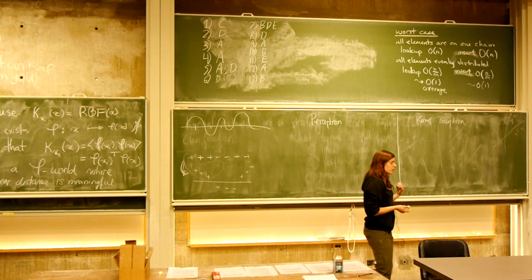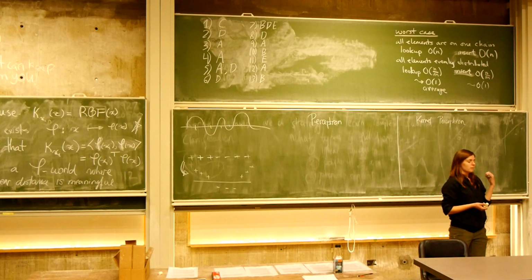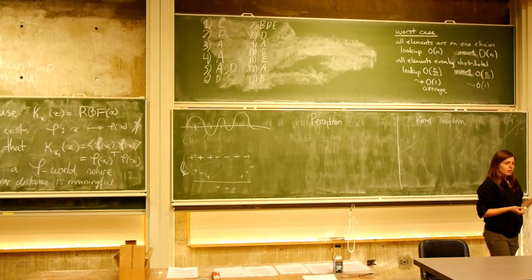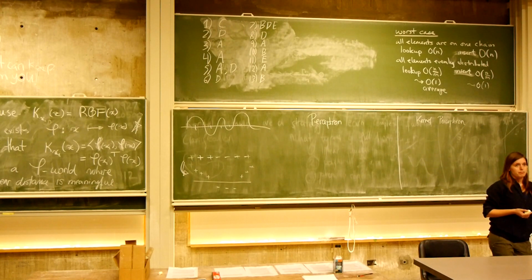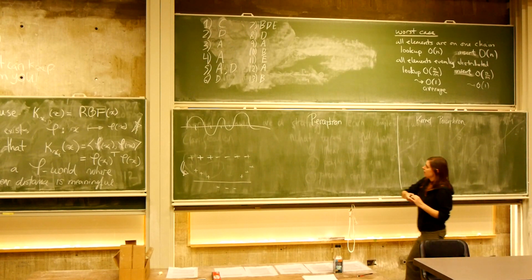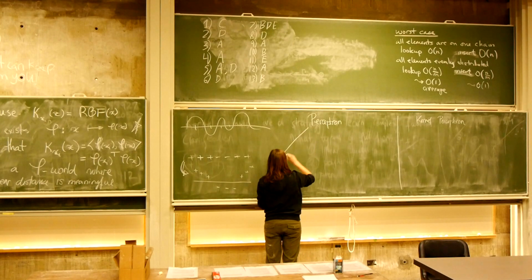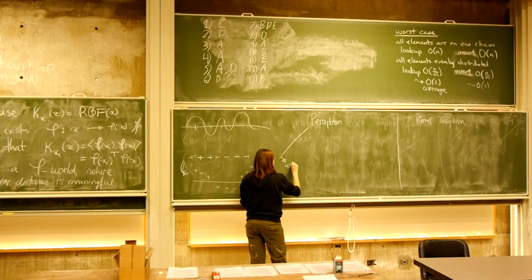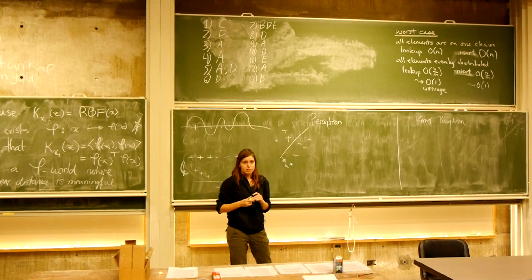So the proof of the perceptron in class started from a very simple idea. You know that there is some optimal decision boundary, we're going to call it W prime, that linearly separates your data set.